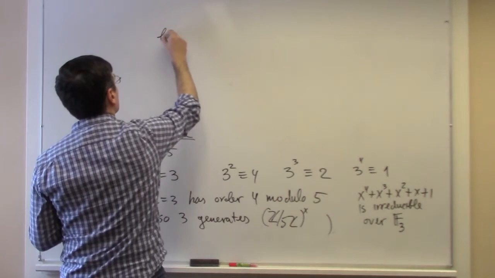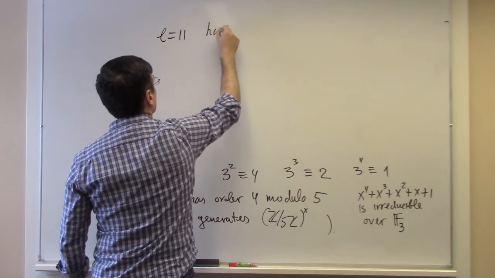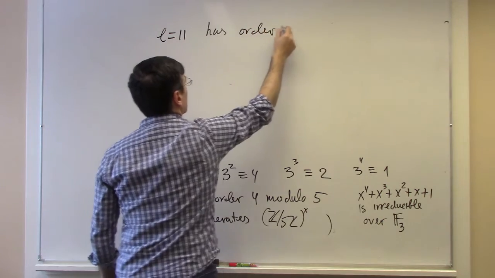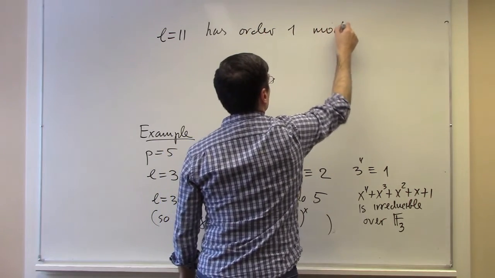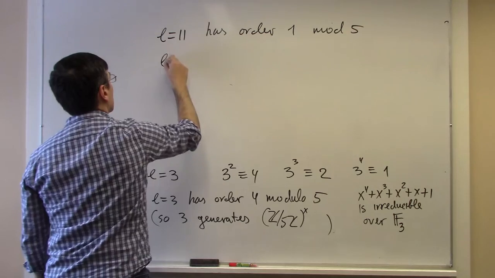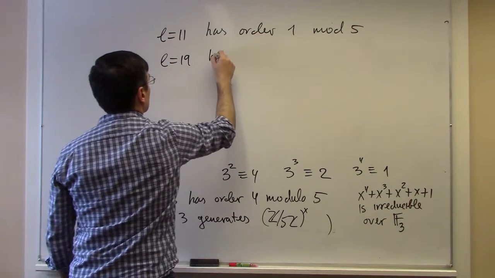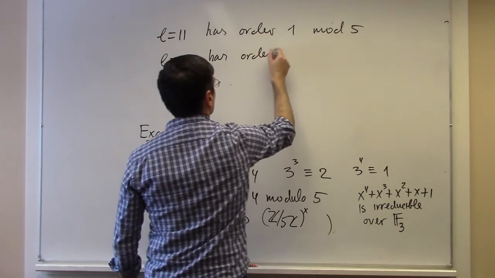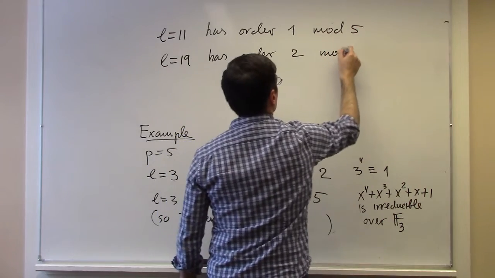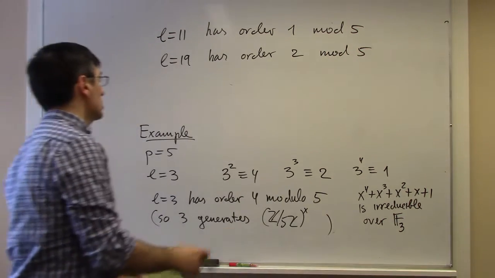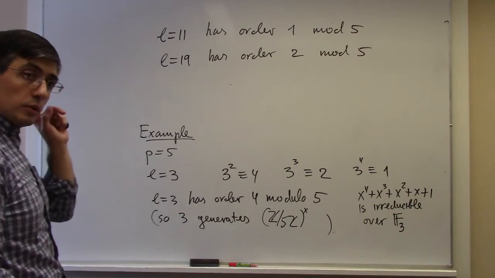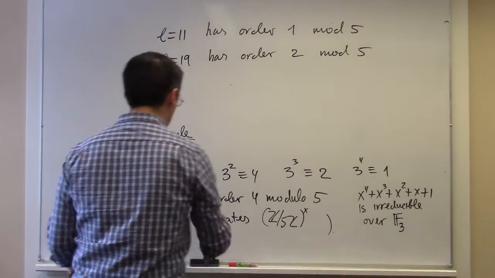Similarly, l = 11 has order 1 mod 5, and 19 has order 2 mod 5. So you can check these things. Now, what's the conclusion about the splitting?